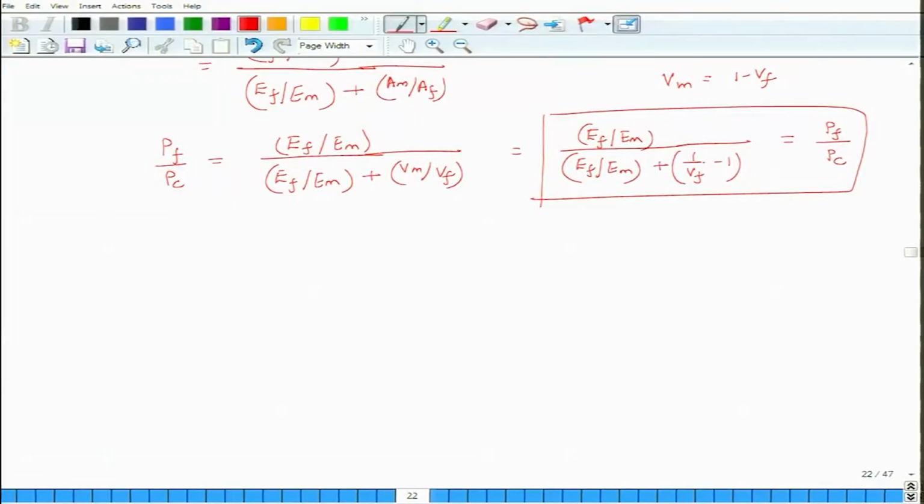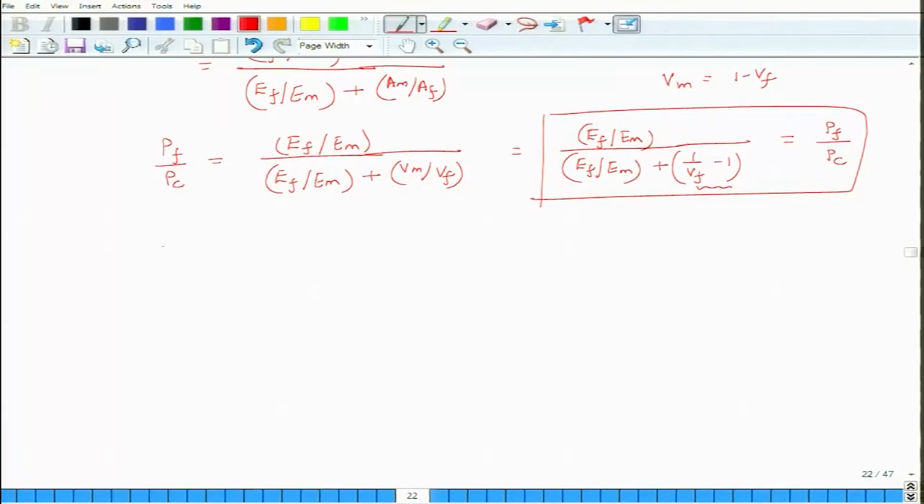Now, let us say Vf is 0.1, what does this become? This becomes 10 minus 1, 9. So, it becomes basically 100 over 109. That means that even for 10 percent volume fraction, because Ef over Em is very large, 100 over 109 means it is almost 1. Okay.